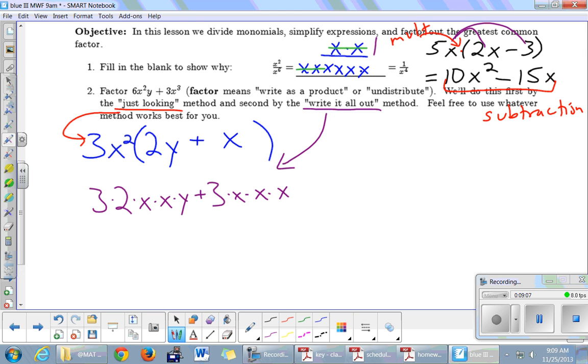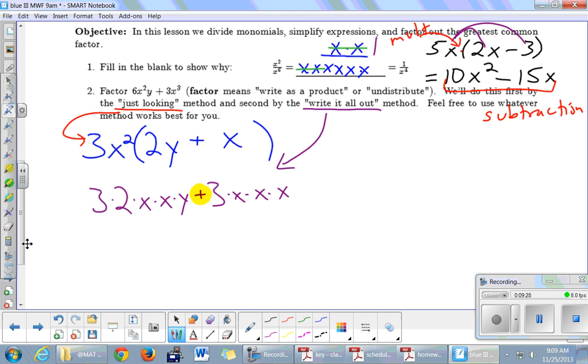Okay. Next thing we're going to do is circle everything that's the same in both terms. And when I say both terms, I'm going to try to highlight here the plus sign. The plus sign separates the 2 terms from each other. So what do you see that's the same in the first as in the second? What's the same number? 3.